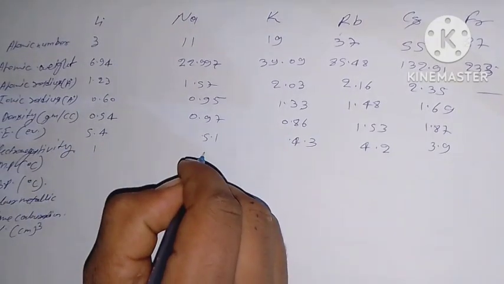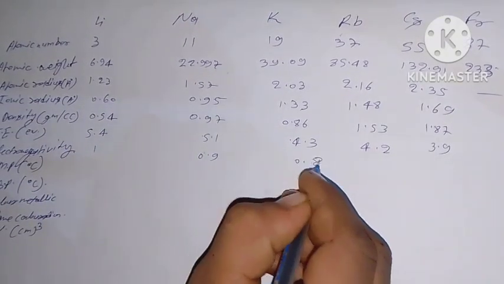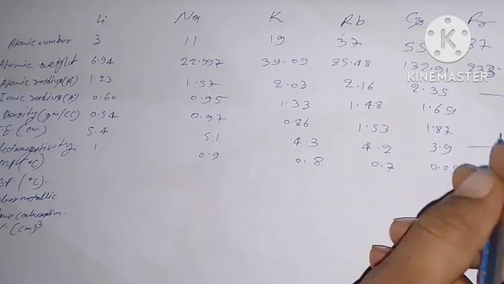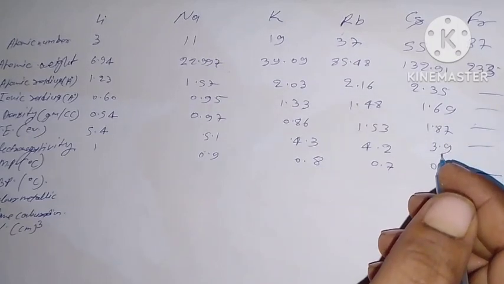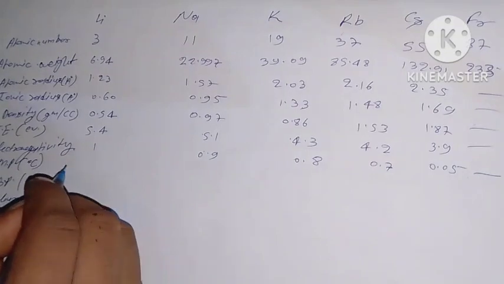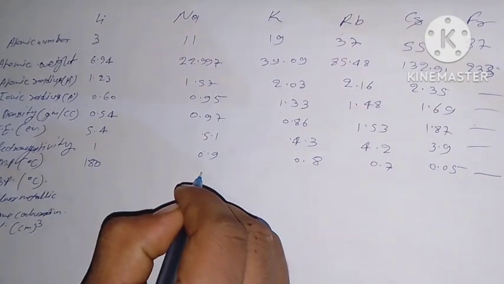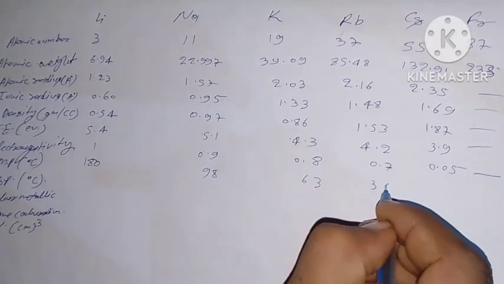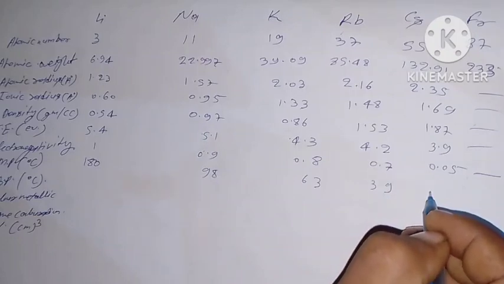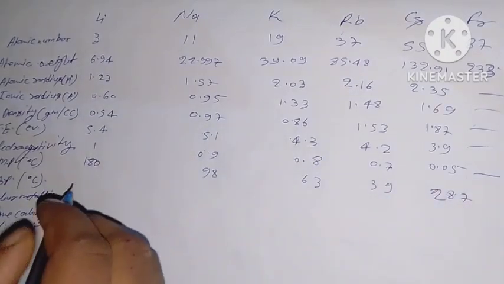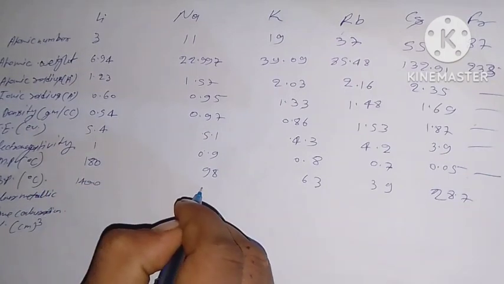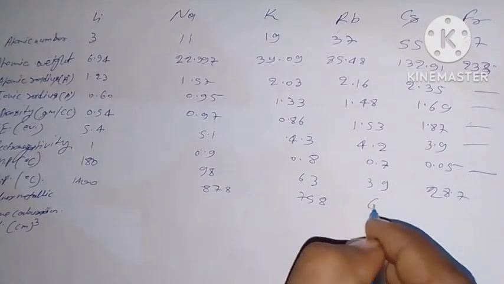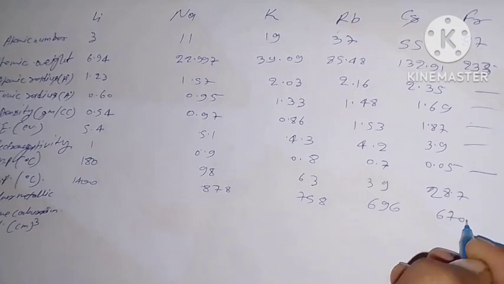Electronegativity: 1, 0.9, 0.8, 0.7. Melting point: 180 degrees, 98 degrees, 63 degrees, 39 degrees, and 28.7 degrees. Boiling point: 1400, 878, 758, 696, and 670 degrees.